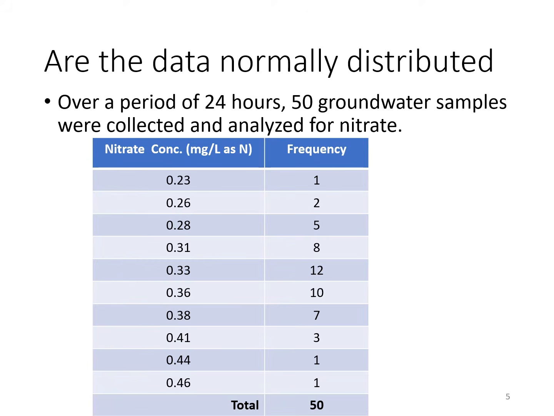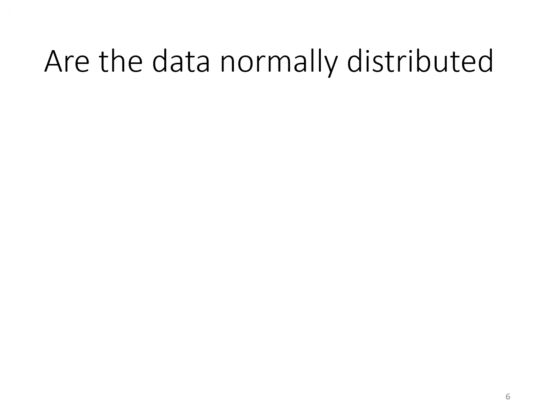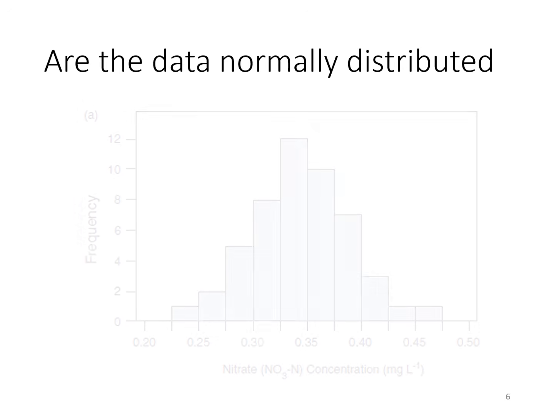So in this set of data, which was collected over 24 hours, we have 50 groundwater samples that were collected and analyzed for nitrate. The concentrations are shown here along with the frequency at which each concentration occurred in this data set. We can then plot the concentration data as a function of frequency.